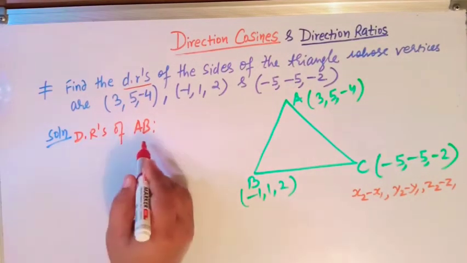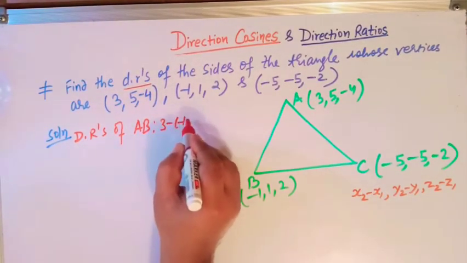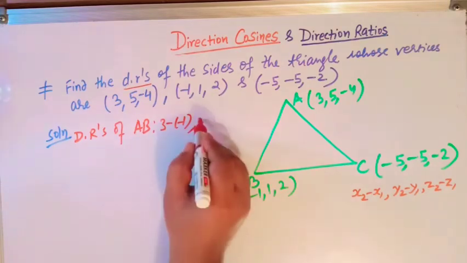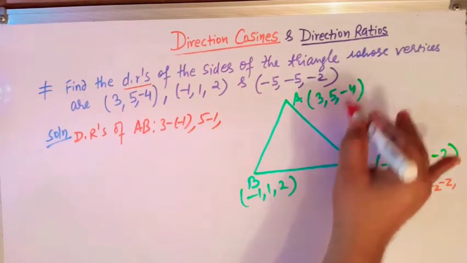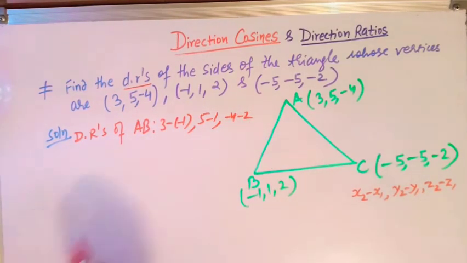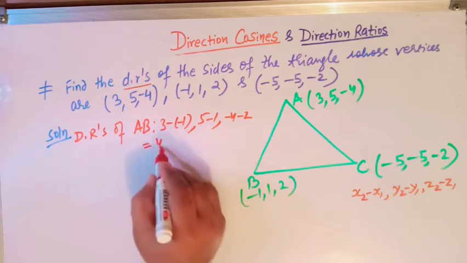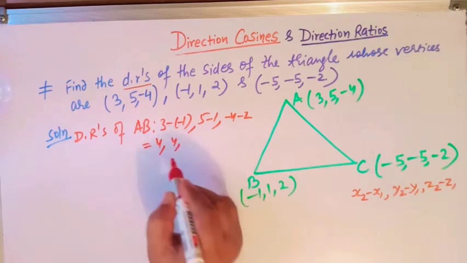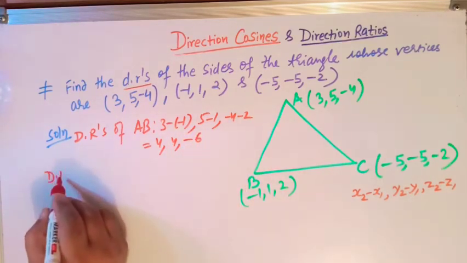So DRs of AB are 3 minus 1, then we have 5 minus 1, and then we have minus 4 and minus 2, right? So the DRs are 4, then 4, then minus 6.